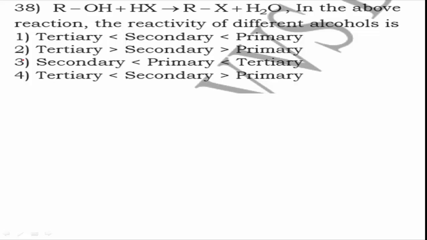Tertiary carbocations are more stable due to the positive inductive effect of alkyl groups than secondary, and primary carbocations are the least stable. The reactivity of alcohols will follow the order.